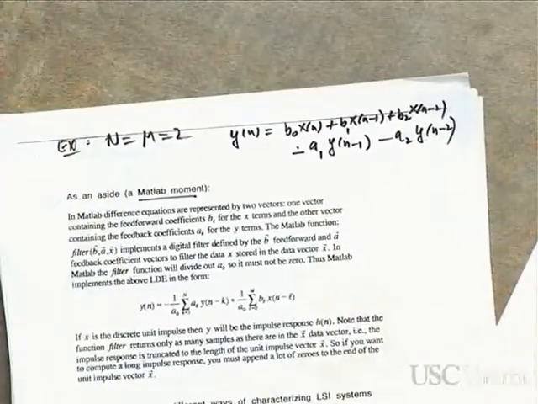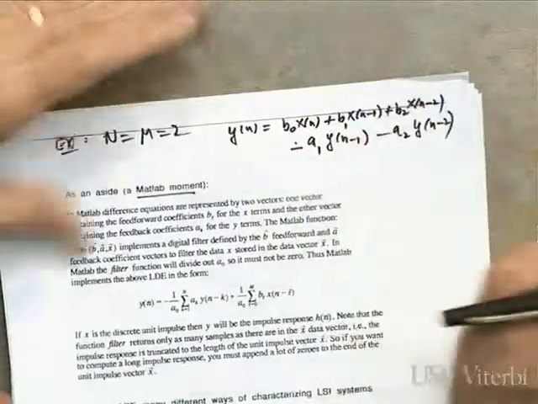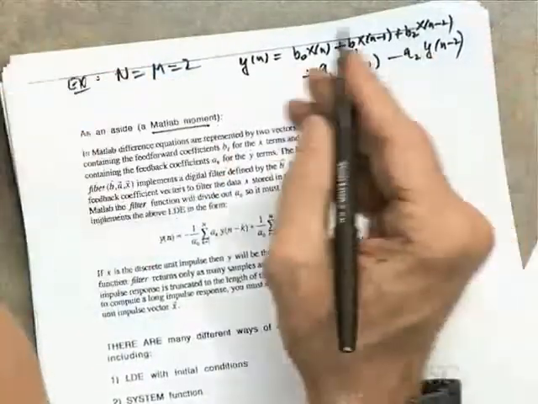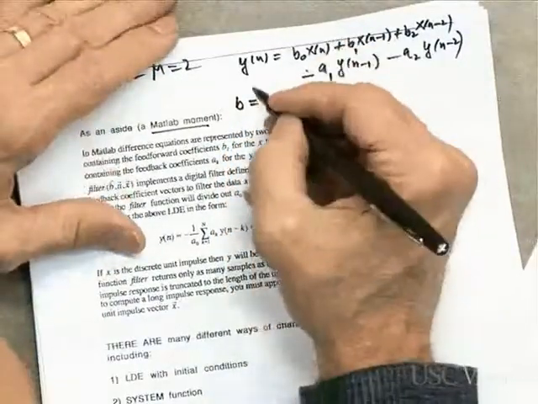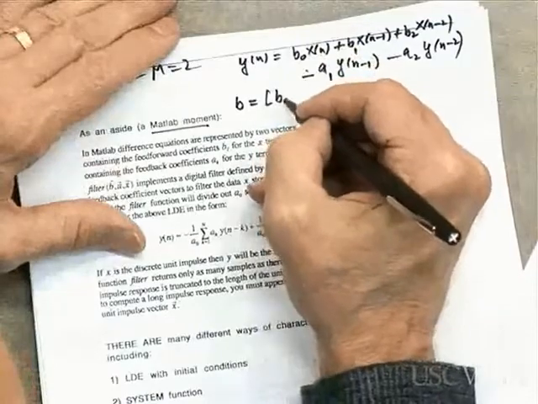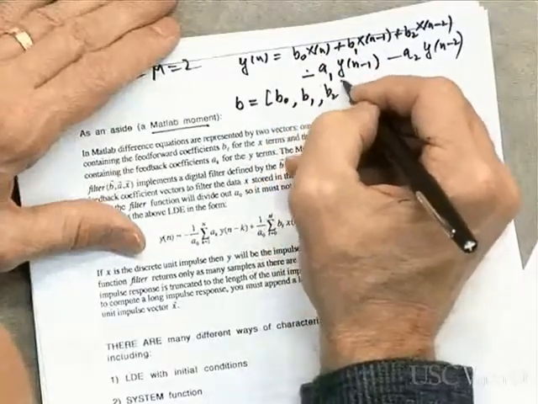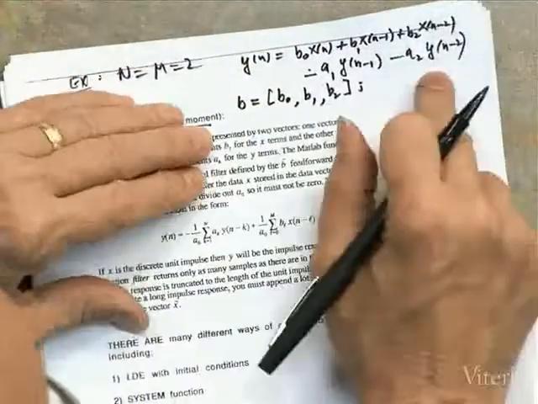It's a very fast function, and it's very simple to use once you get used to the terminology. What Matlab wants you to do is define 2 vectors. I will call the first vector b, and it will have 3 components, b naught, b1, b2. Once you know what the b's are, you can define this vector.